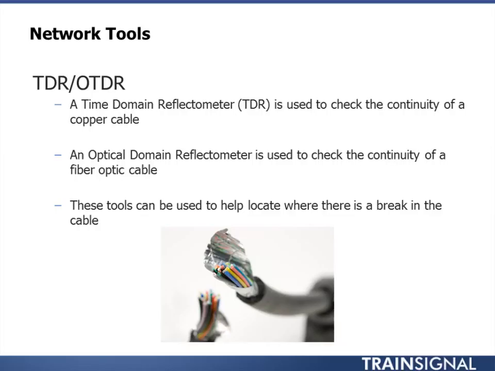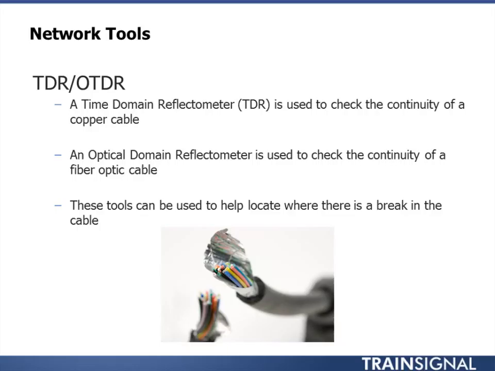The thing that's cool about these particular tools is that you can go ahead and connect them. If you're having a problem with a cable, you can actually connect them to one end of a cable. And maybe this cable runs behind a wall, or heck, it could just be running under a bunch of desks. And figuring out where the problem is not easy because it's hidden. You've got to move stuff, tear down a wall.